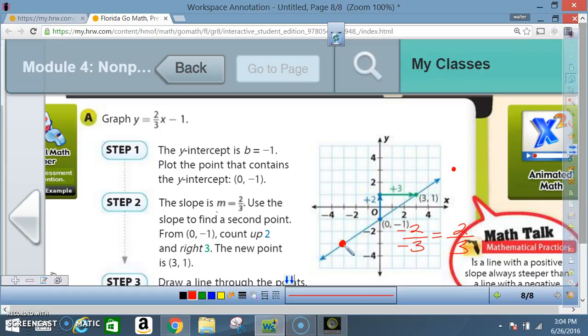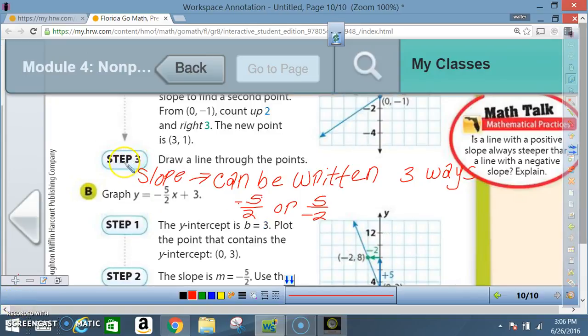If I had to get another point, I would go 1, 2, 1, 2, 3, right there. All that would be on a straight line. All right, and that's how you plot using slope, using the y-intercept, and slope. Y-intercept, slope.